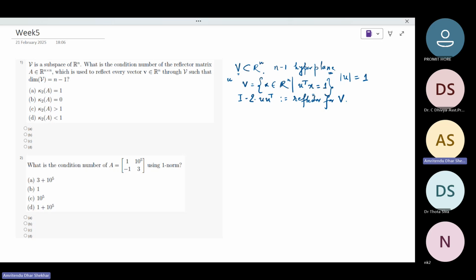Now, what can you say about this? Well, you can say that it's actually an orthogonal matrix. You can check that this reflector, if we call it R, is going to be orthogonal.